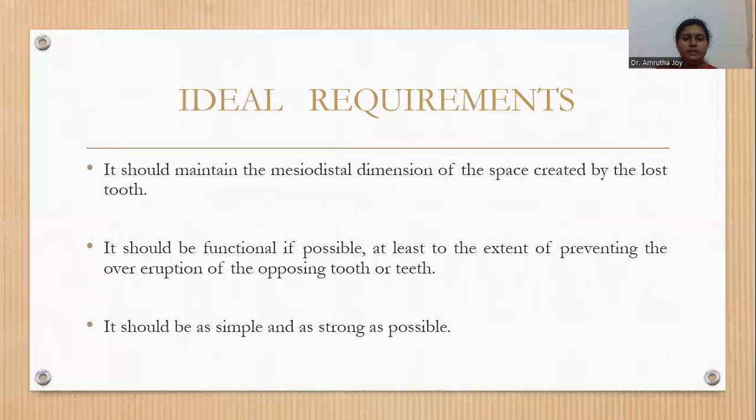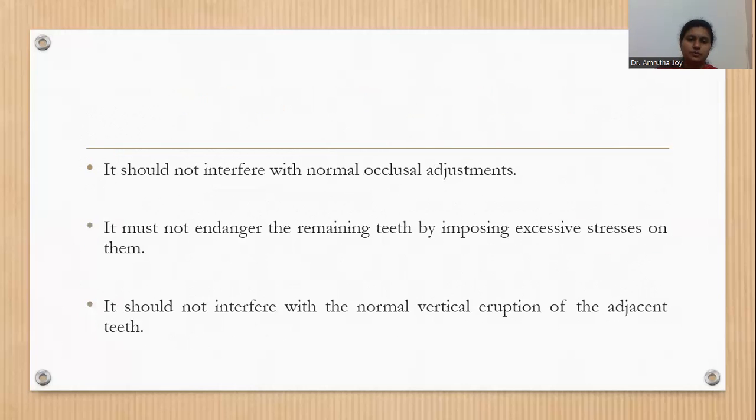Coming to the ideal requirements of a space maintainer. It should maintain the mesiodistal dimension of the space created by the lost tooth and should be functional if possible to prevent over-eruption of the opposing tooth, and it should be as simple and strong as possible.